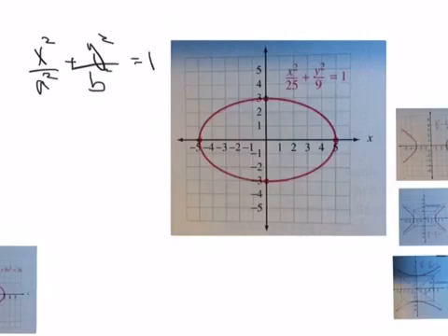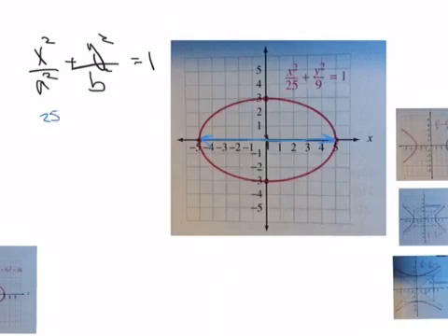Alright, so in order to graph these ellipses, we're going to have to get our quadratic equation in that kind of a form, because the distance from here to here, let's do that in blue so you can see it better, that distance from the origin to here, is going to be a.